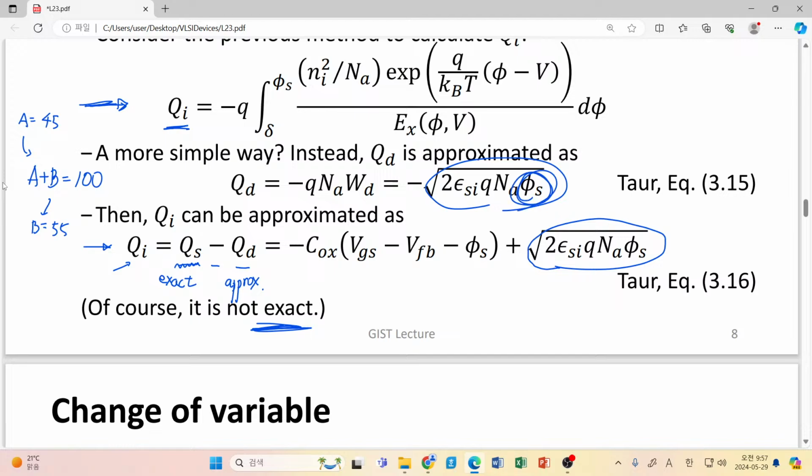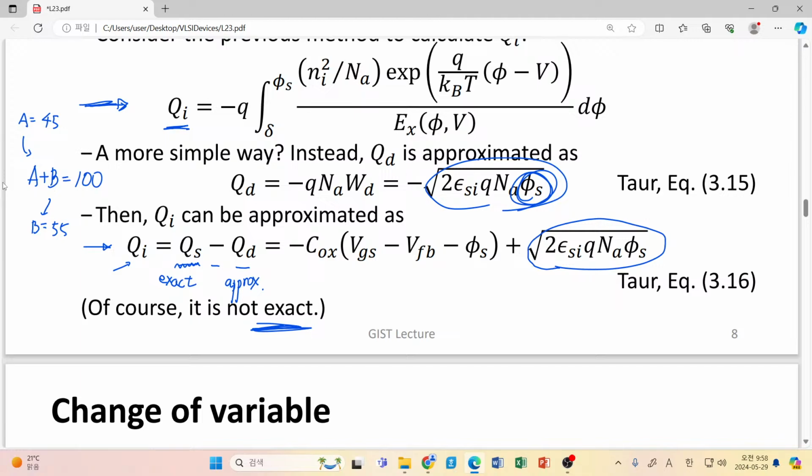So the surface potential itself determines the depletion of our surface depletion layer. Is it really true or not? Of course, rigorously it is not the truth. However, please understand we have a phenomenon called surface potential pinning.